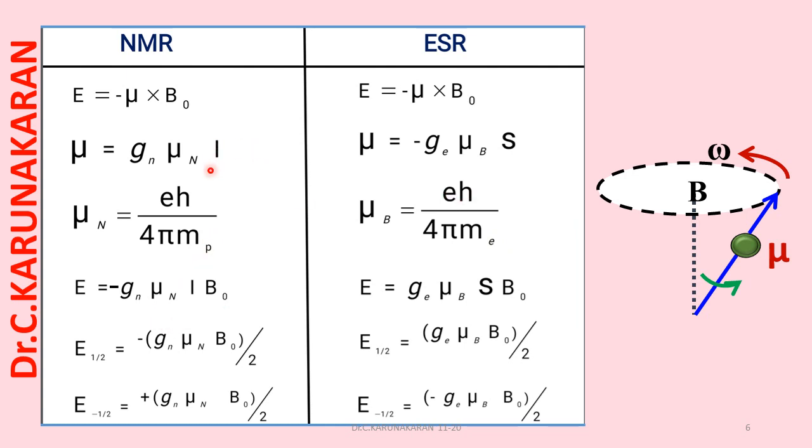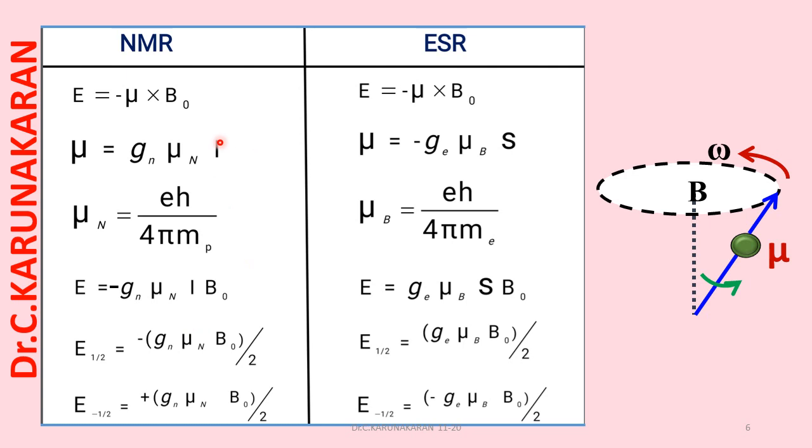Okay, now I can have values plus or minus half because it can spin either in a clockwise direction or in an anti-clockwise direction. Similarly, the electron spin can also be clockwise or anti-clockwise. Therefore, I equal to plus or minus half, ms equal to plus or minus half.